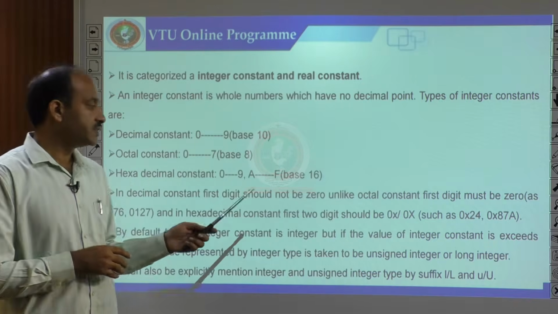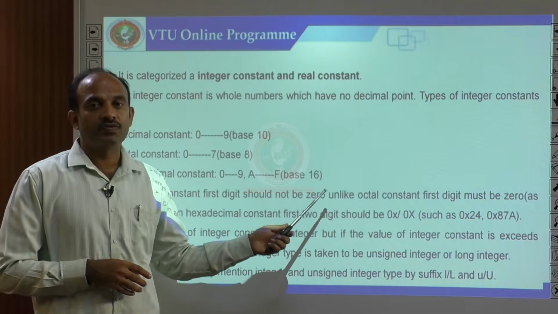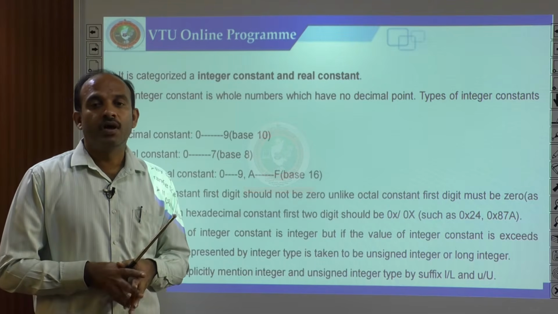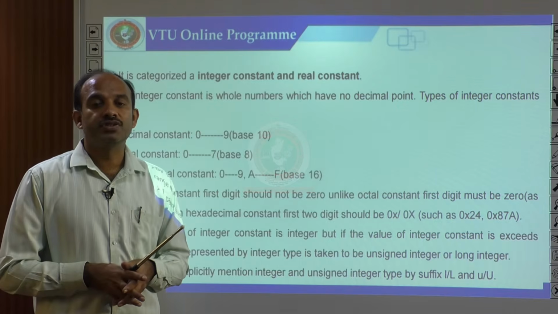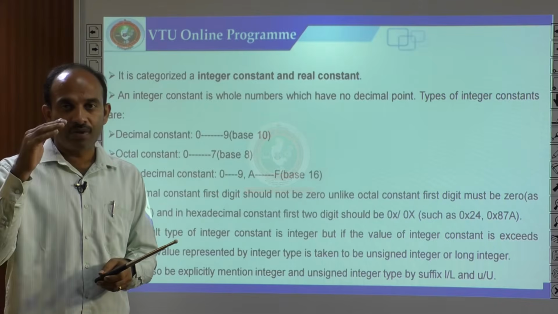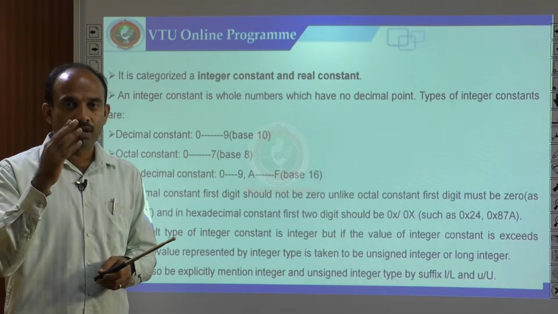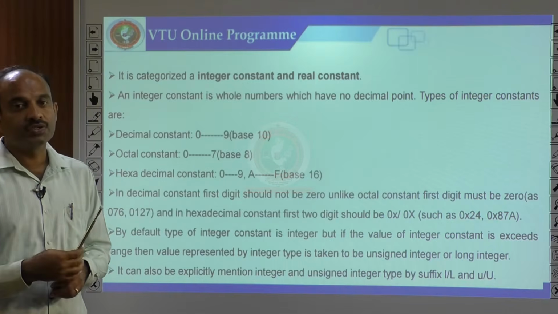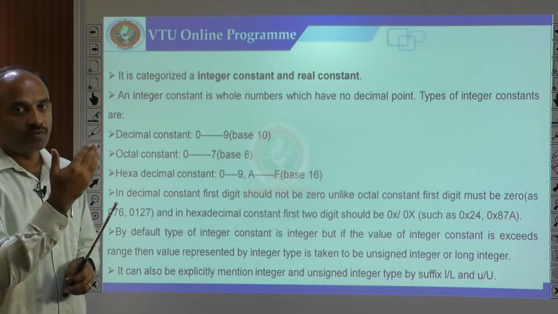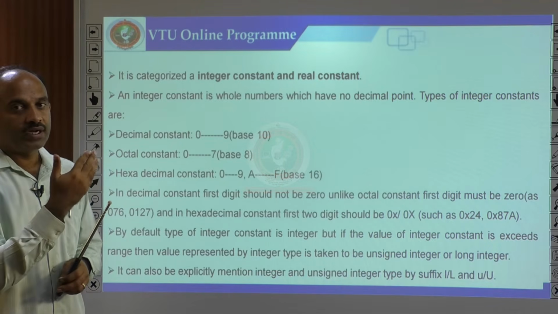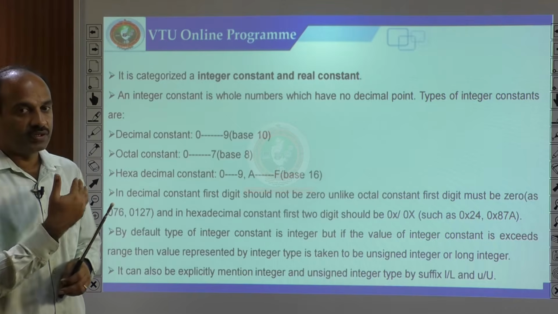In decimal the first digit should not be 0, as simple as that, and in octal it must be 0. In a hexadecimal constant, the first two characters should be like this, because it is in a 4-bit format.